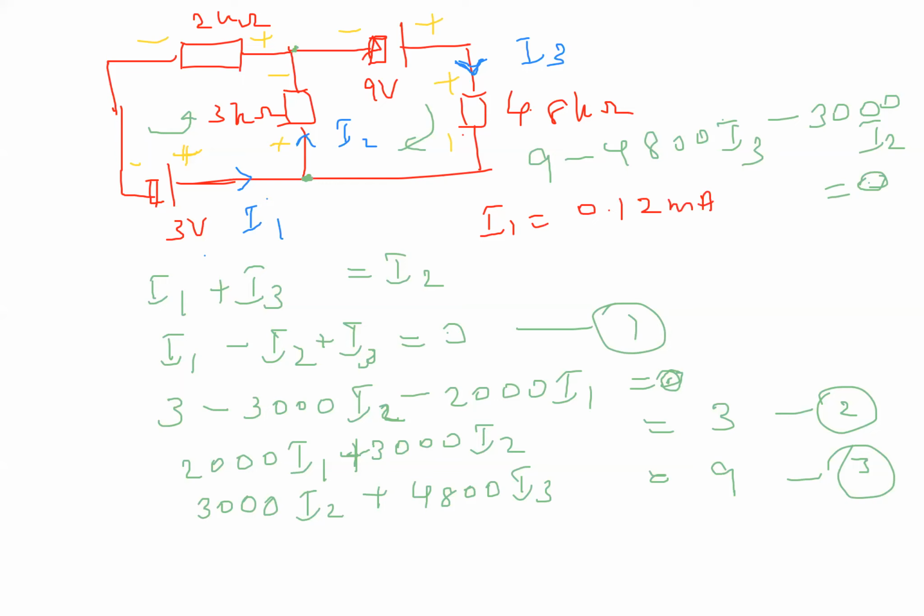I2 is 1.08 milliampere. Then I3, what I'm getting, very good, 1.2 milliampere. Okay, these are the answers, guys.